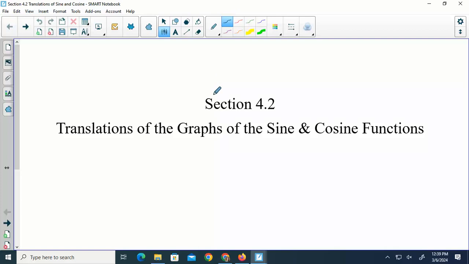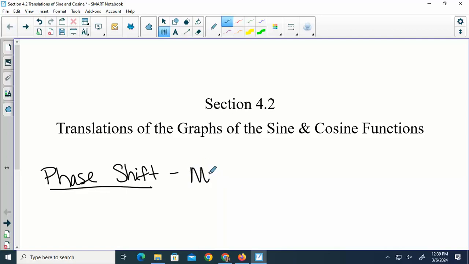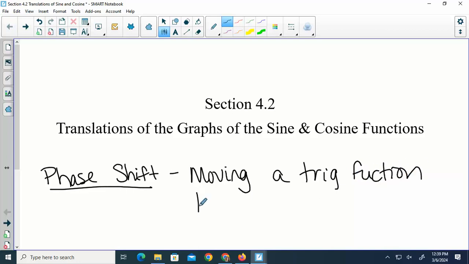With these, a phase shift is moving a trig function left or right. So it may not just start at 0 and end at our period anymore if we start moving things left and right.